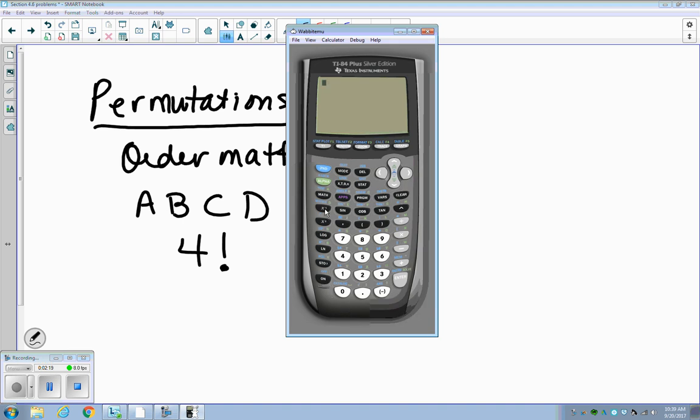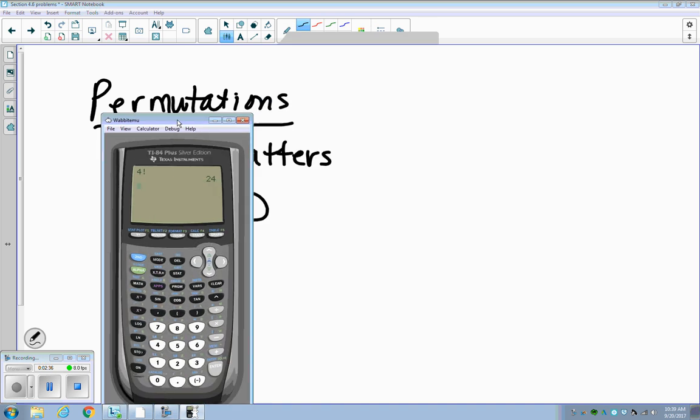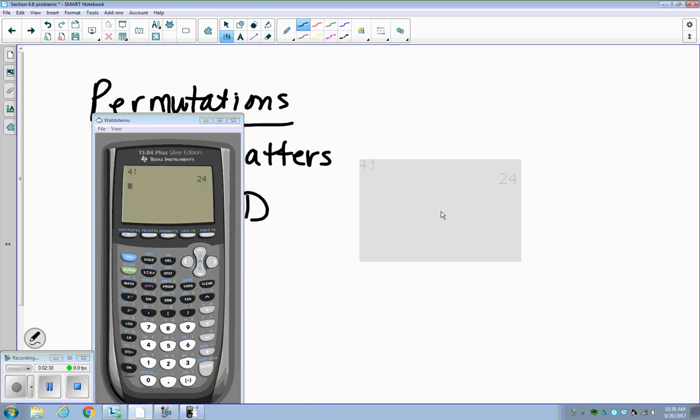So to do 4 factorial, I'm going to punch in a 4. I'm going to go to math. I'm going to cursor over to probability, and I'm going to choose number 4 because that factorial symbol is there. And my answer is 24.